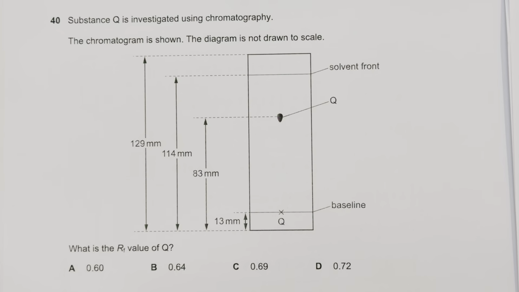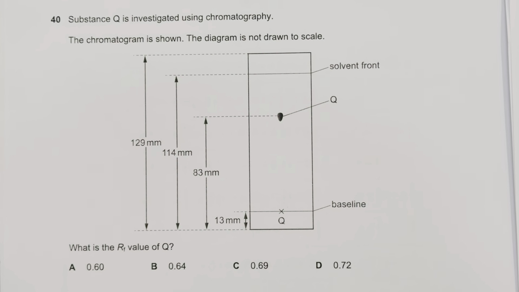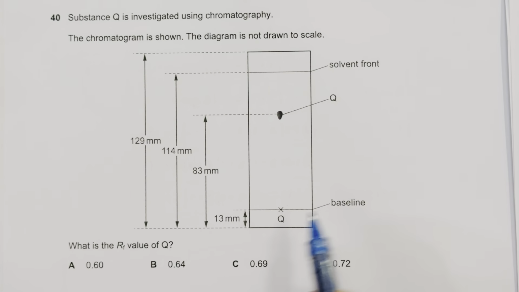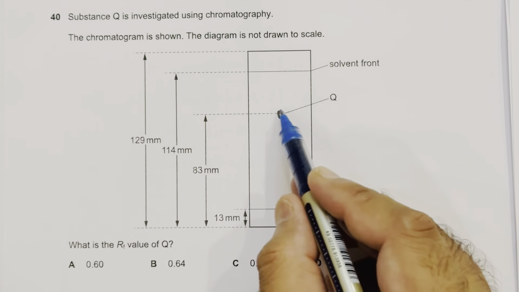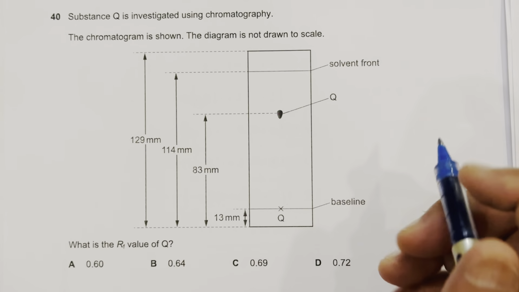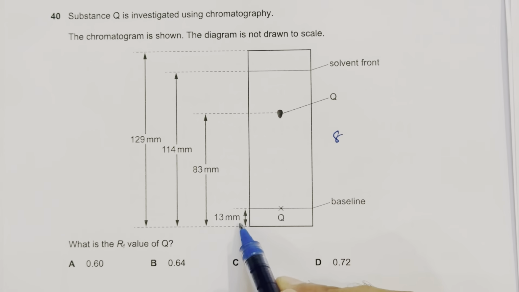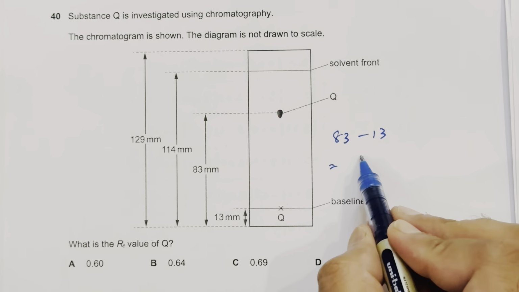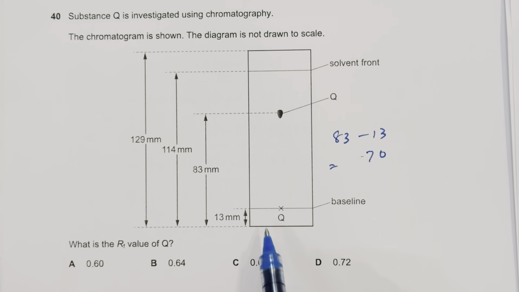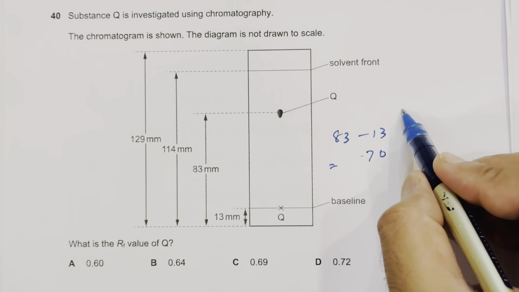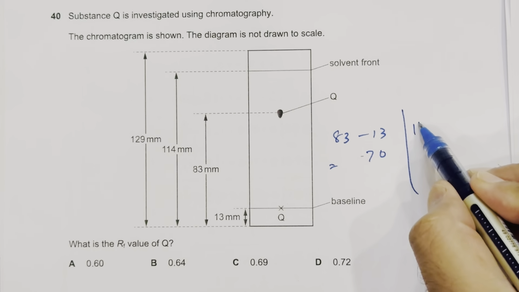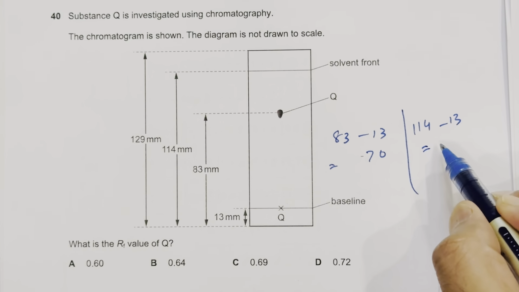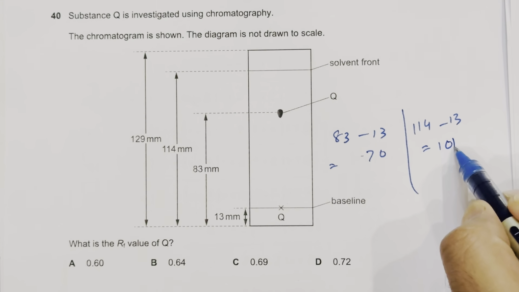First we need to calculate the distance moved by Q, and we know that the level of Q is raised to 83, but the baseline height of 13 should be neglected. So 83 minus 13 gives 70. The solvent front is given as 114, and 13 should be subtracted again, and the answer would be 101.